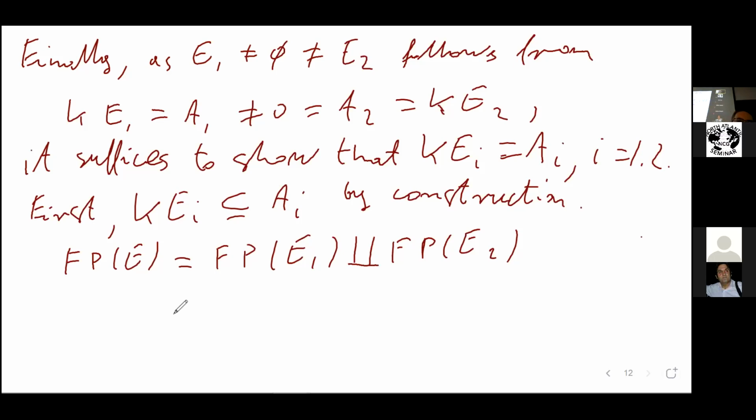If I have, say, an edge or a vertex from E1, and here an edge or a vertex from E2, and they meet here, then of course this vertex must belong to the graph E1, and this vertex must belong to the graph E2, which means it belongs to the intersection, which is empty. Okay, so there are no paths that mix vertices and edges from different subgraphs. So my path is only in E1 or only in E2.